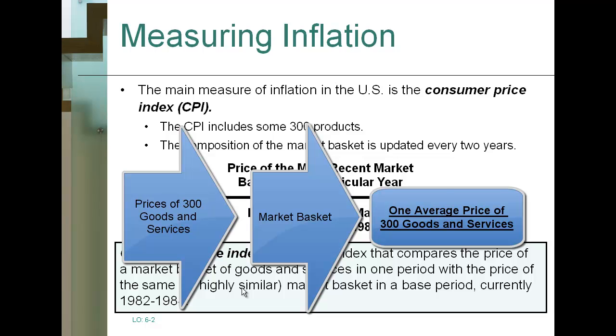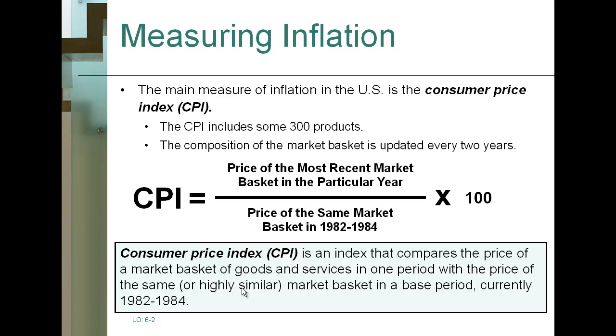Now, you're probably thinking, well, is it just the mean? Do you add up all the prices and then divide by 300? It's not that simple. So the price of the market basket, 1982 to 84, those 300 goods and services, whatever price they were, we found the average price in 1982 to 1984, those 3 years.